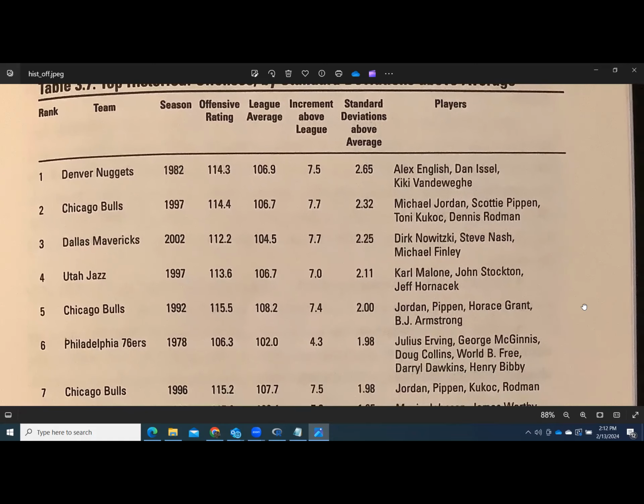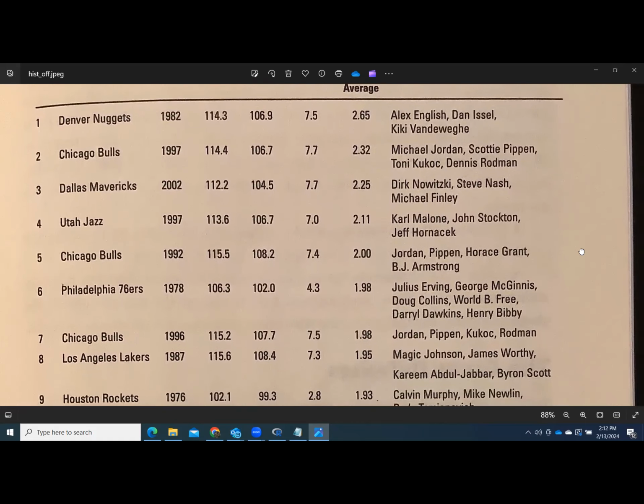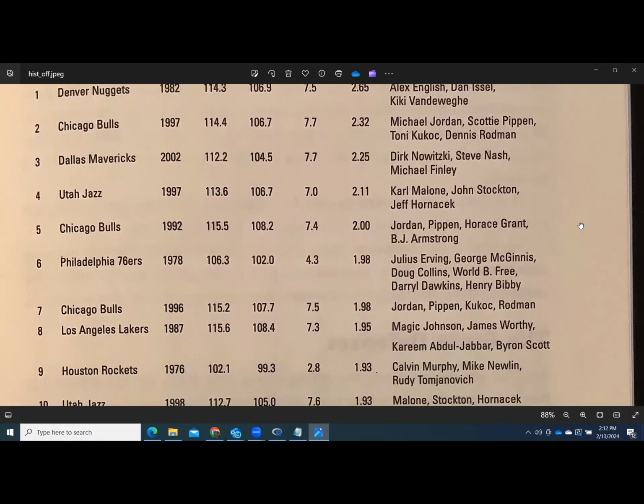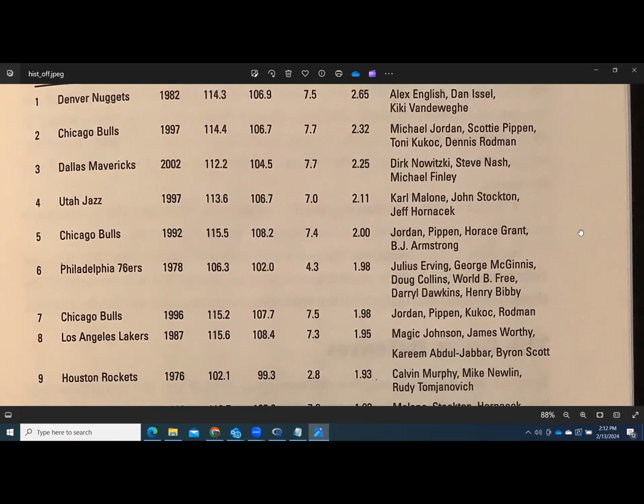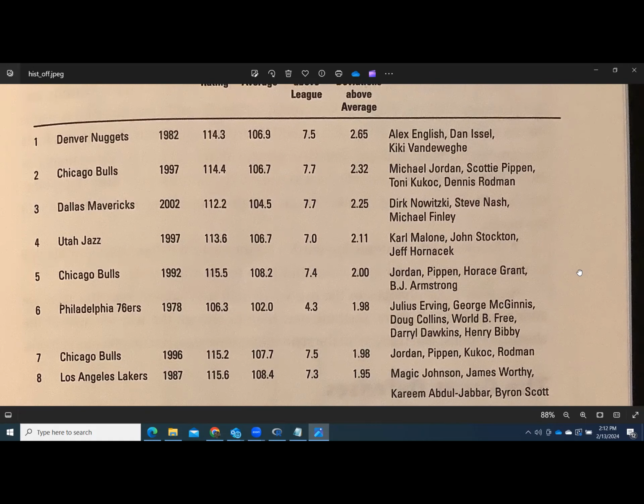Okay, you can see these teams. I don't know if this interests you. It doesn't go up very high past 2002. I do remember a lot of these teams. I wasn't really watching basketball much in the 1980s, but in the 70s and 90s I was, and I do remember these teams.